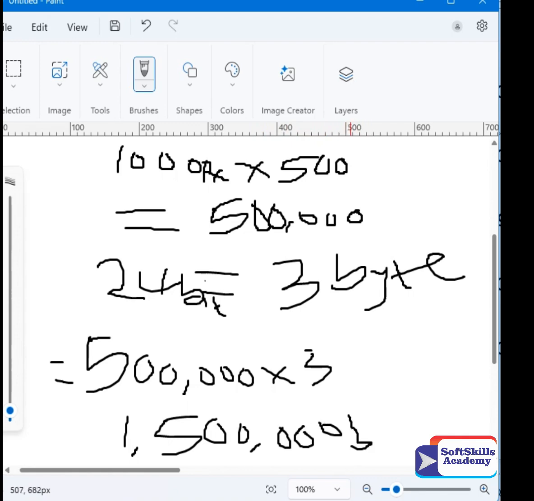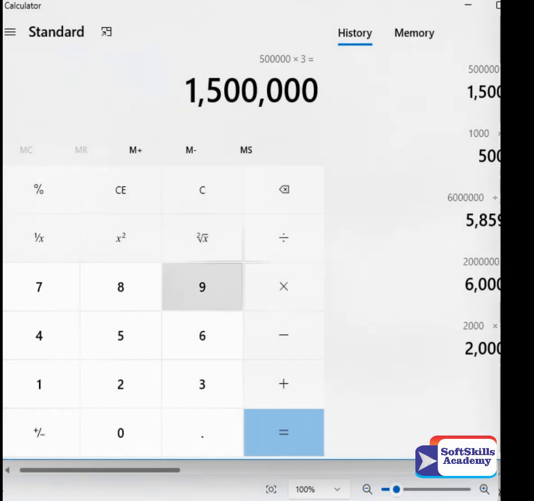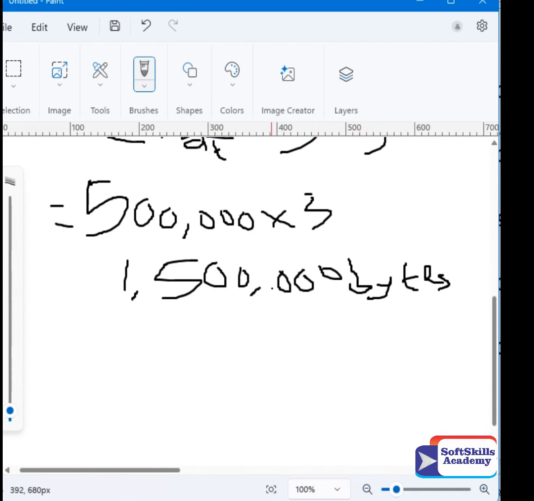So this is what we have looking at the byte.